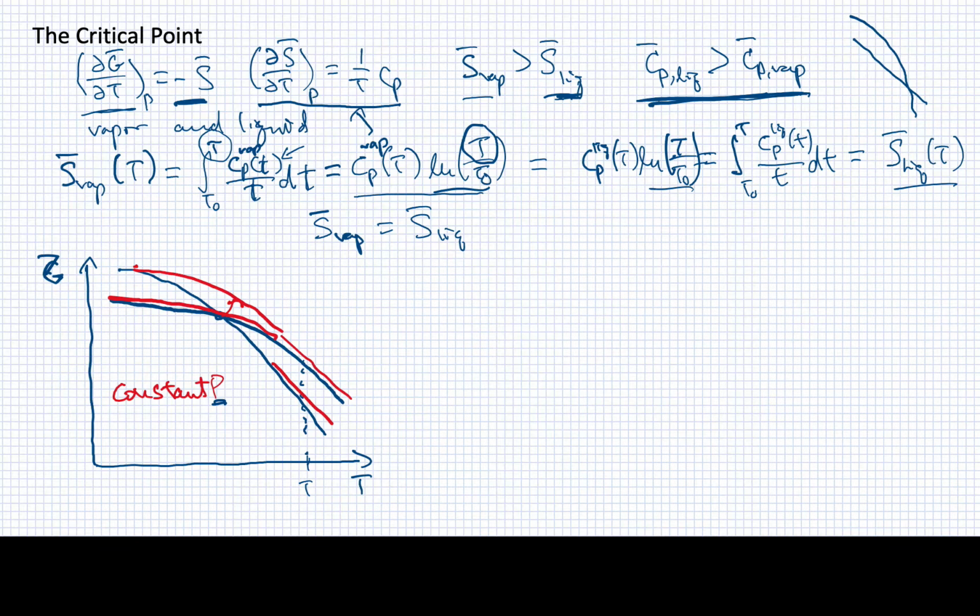All right, so now I want you to imagine that we could arrange circumstances in such a way that we find the magic pressure at which not only these two Gibbs energies have the same slope, but they actually intersect at that point where they have the same slope.